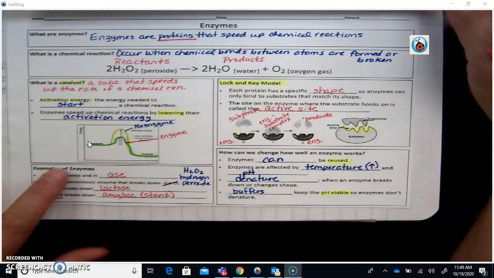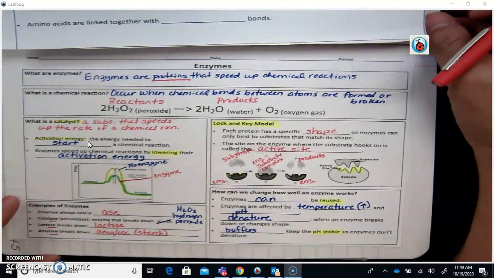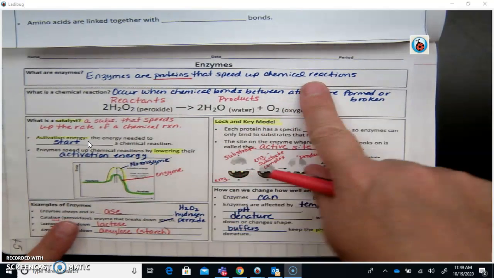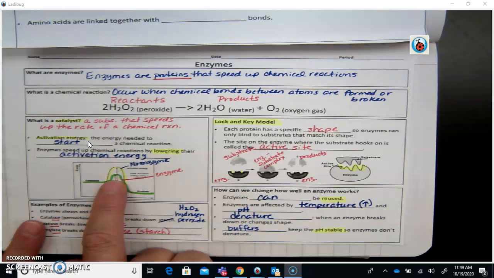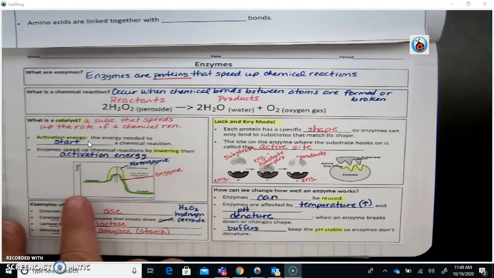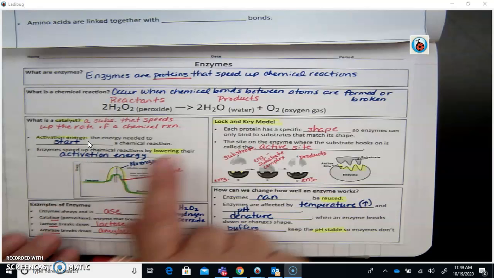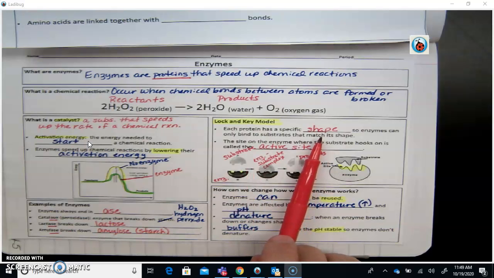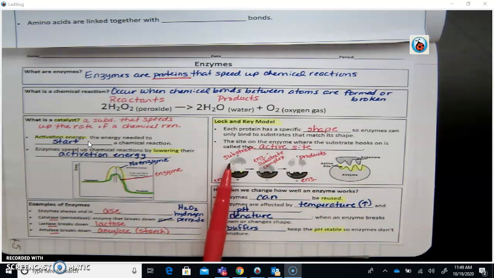Again, enzymes are proteins that speed up chemical reactions. They do so by lowering, look at the green, the activation energy, the energy that's needed to get the chemical reaction started. When we look at a model of enzyme activity, it can be called a lock and key model. Enzymes have a very specific shape that will fit to a specific substrate or reactant.